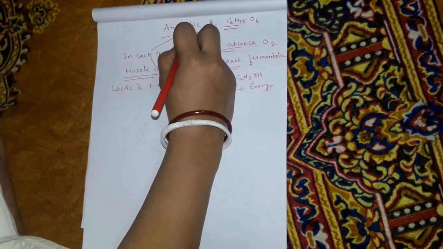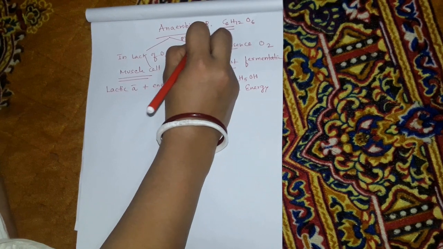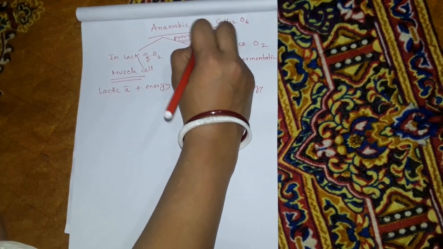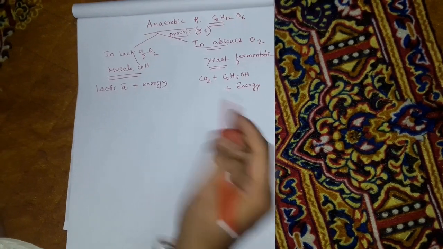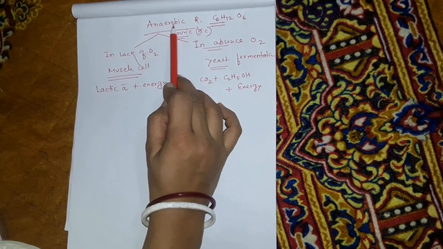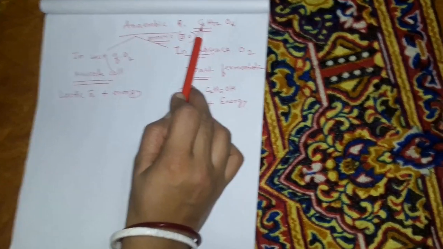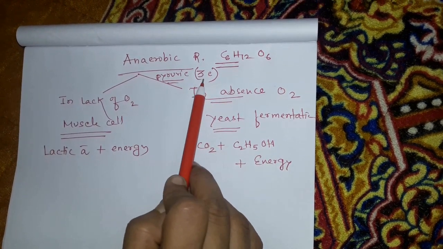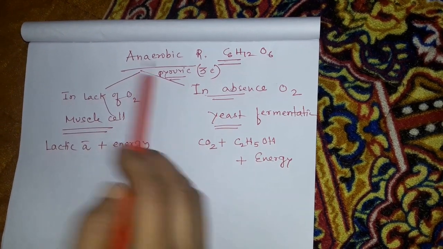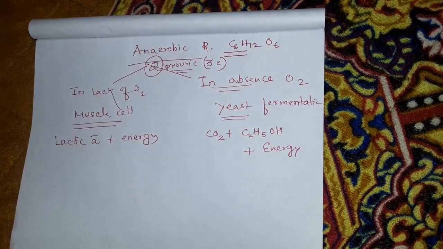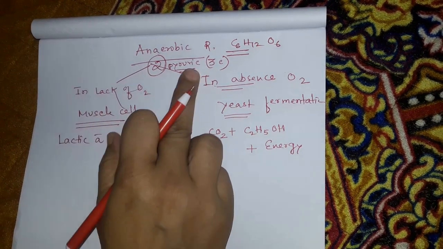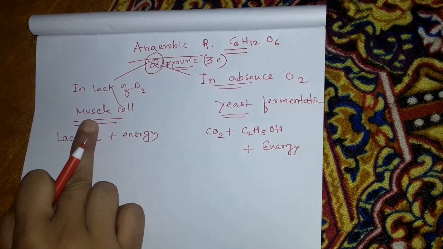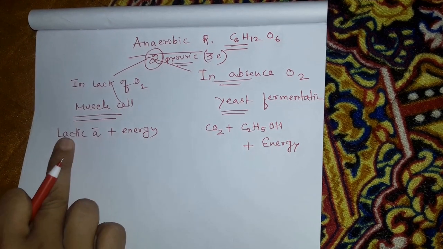Here pyruvic acid is present. Now you can relate, this is a 3 carbon compound. I am repeating this part. Anaerobic respiration starts from glucose, 6 carbon. Meanwhile we got pyruvic acid, 3 carbon. So how many pyruvic acids will we get? 2 molecules. Now each pyruvic acid, if in muscle cell with lack of oxygen, will release lactic acid.